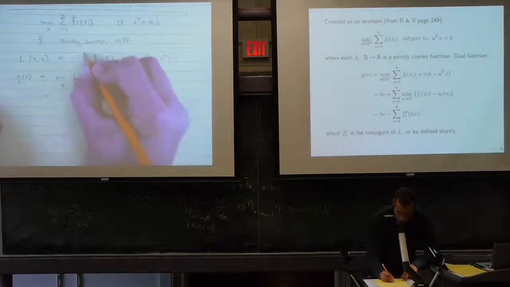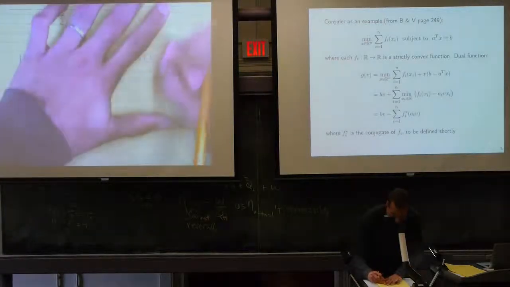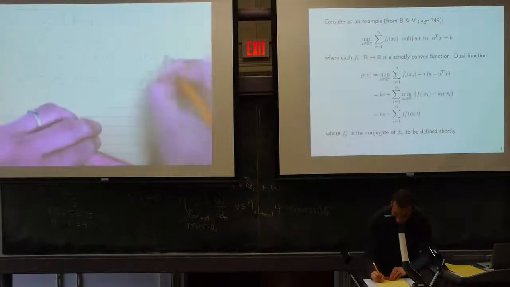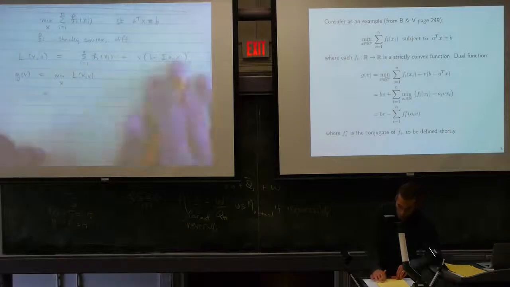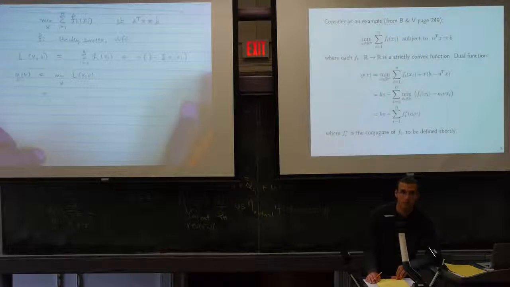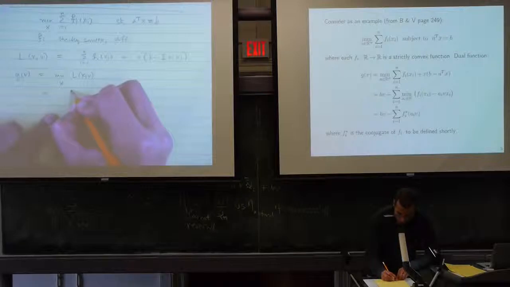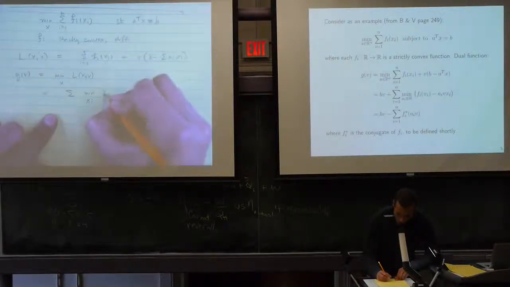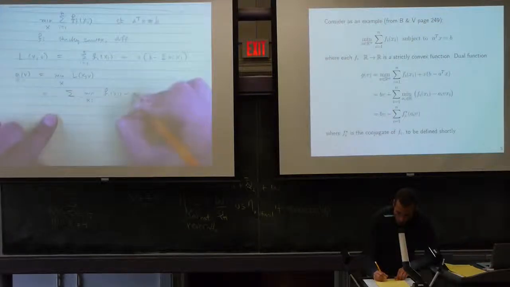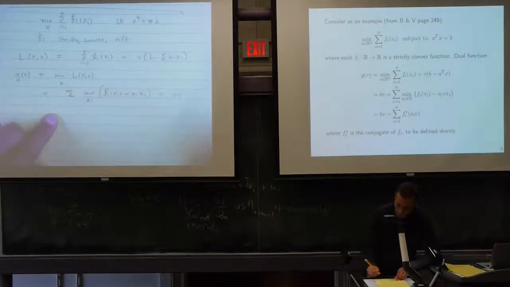Again, the nice thing here is that I can write this as the sum of a_i x_i. I'll just write that inner product a little more explicitly. If I want to minimize this over x, I can do each one separately. So now they're disentangled, just like they were originally. So I'll write it as the sum of the minimum over x_i of f_i(x_i) minus v a_i x_i, plus vb.